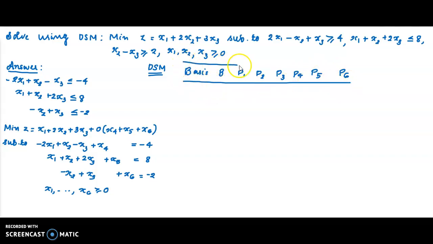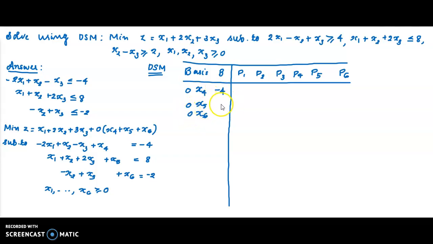In the first stage, the slack variables are in the basis, which are the slack variables x4, x5 and x6 with the coefficients 0, and b values -4, 8, -2.